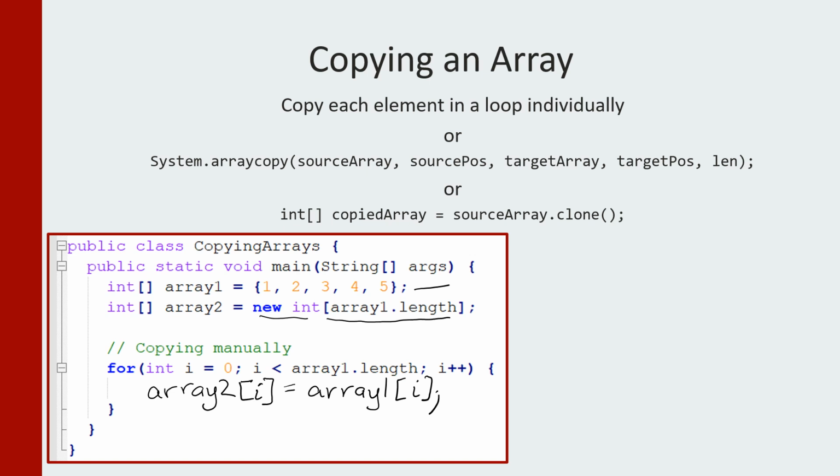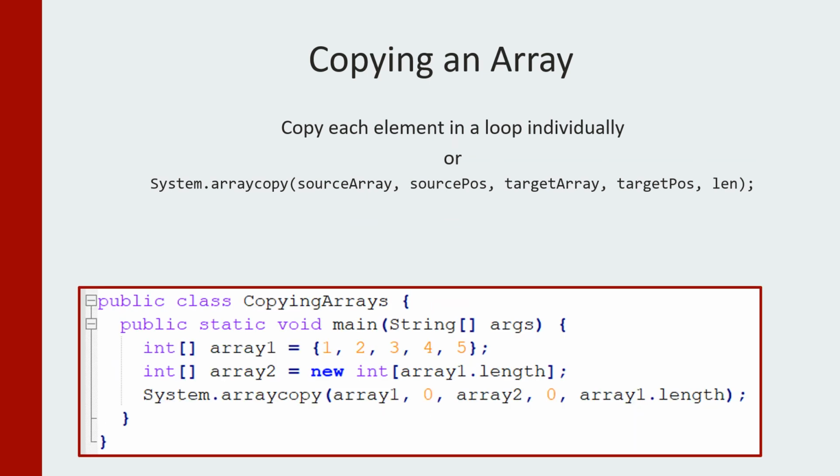If you want to use System.arraycopy, in this case my source array is array 1 and my target array is array 2. Since I just want to copy the whole thing over, my source position is 0, because I'm starting at the 0th index, and starting at 0 here, and I'm just going to copy over the whole length. You'll notice that these elements match up in length, so everything is okay.